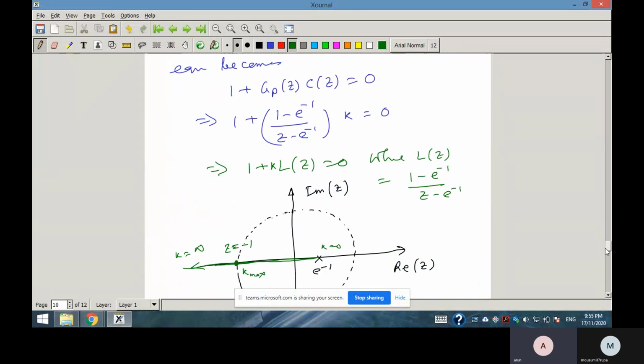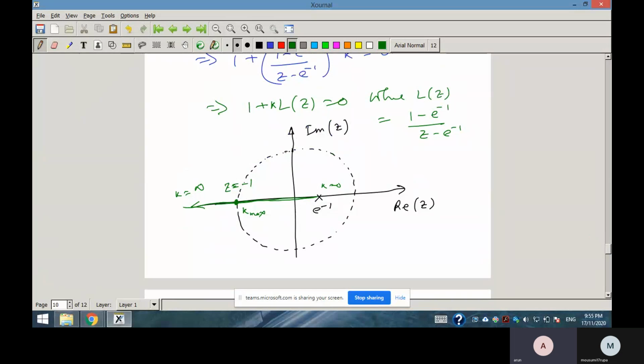But here, because of this boundary, the stability region is limited. This is your unit circle, the stability boundary. The part of the root locus should lie within this unit circle for stability, that means all the roots should lie within the unit circle.